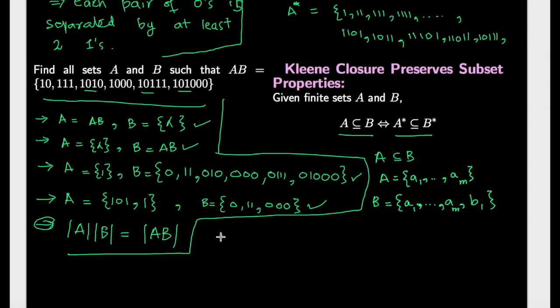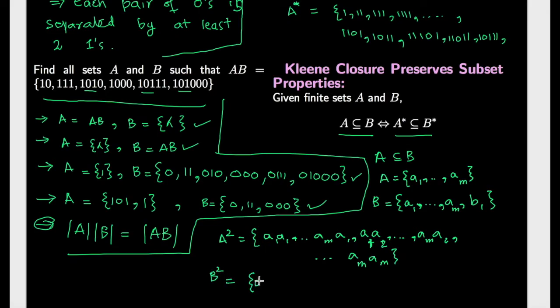Okay, so what is A squared? A squared will be A1A1, then AMA1, then A1A2, then AMA2, and so on up to AMAM. What's B squared? B squared is also the same, except with some more elements.